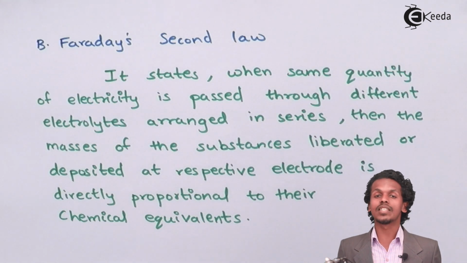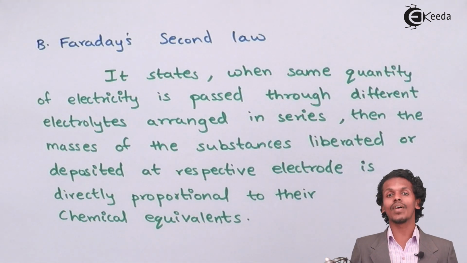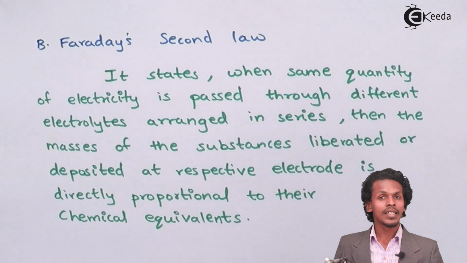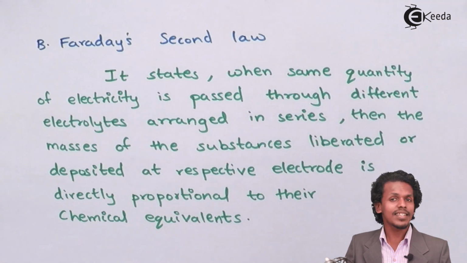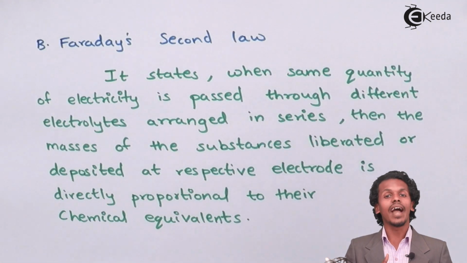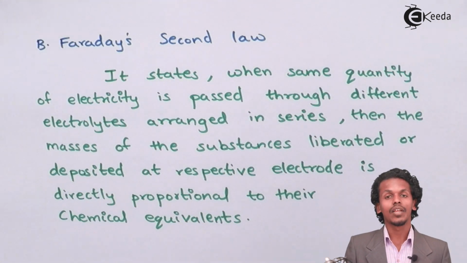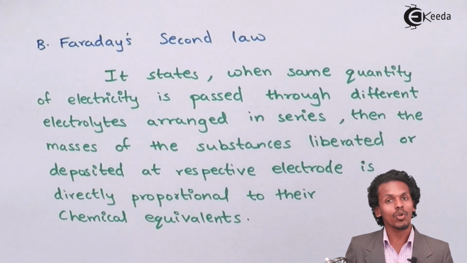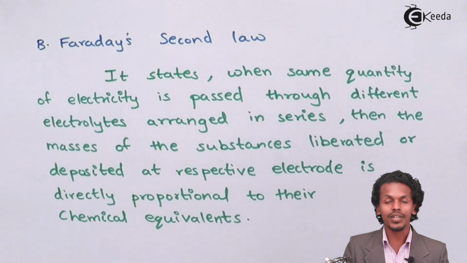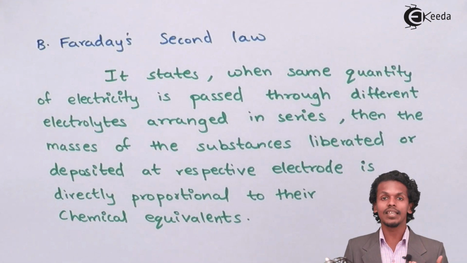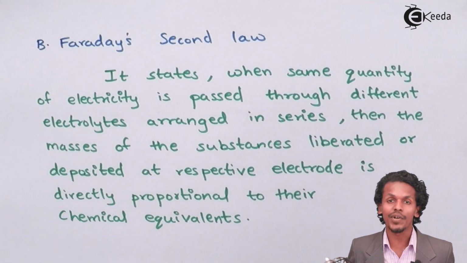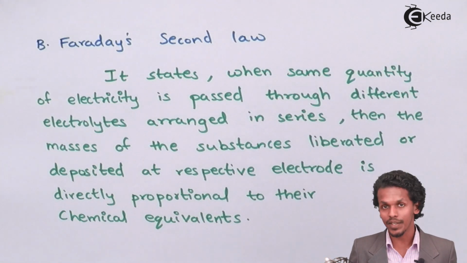But there are two cells, one of NaCl and the other of ZnCl2. The one which has the higher equivalent weight will have more of the atoms deposited on that particular half cell.